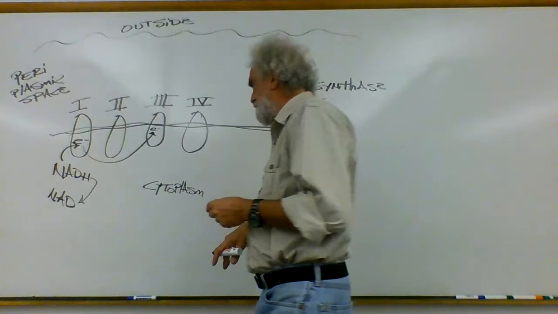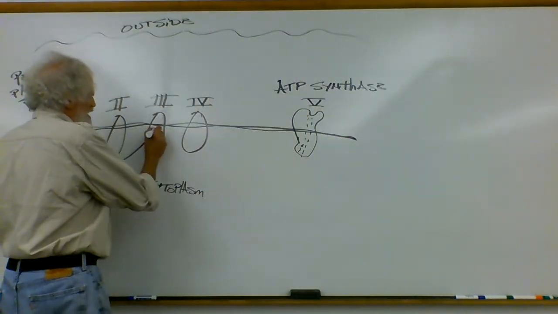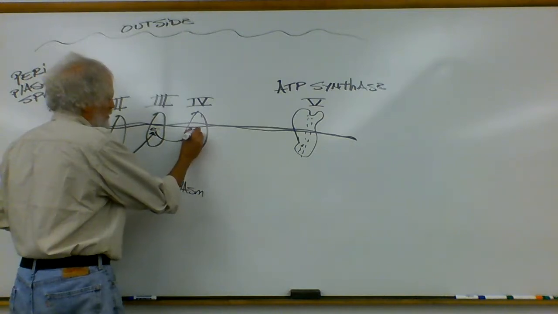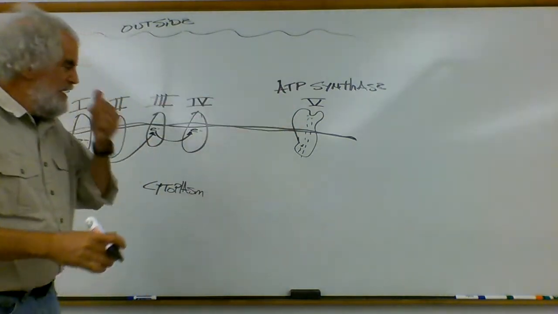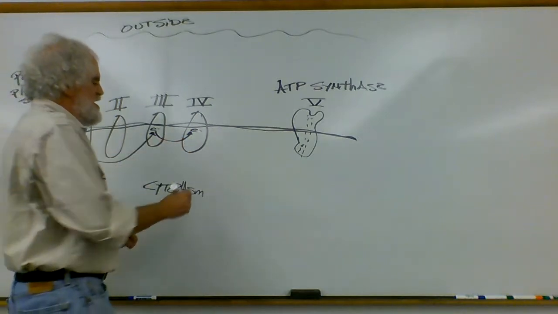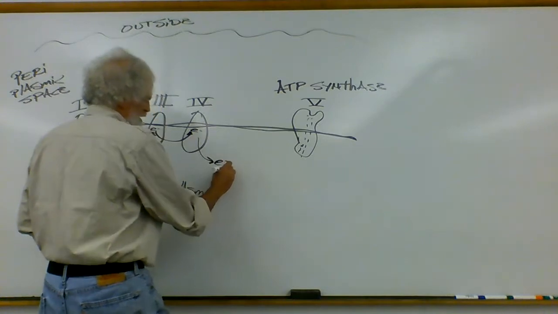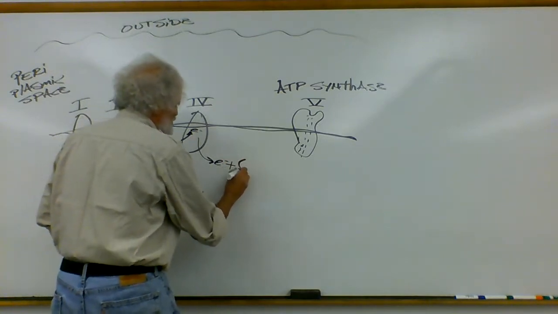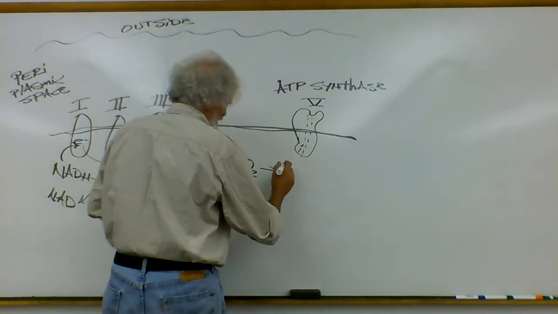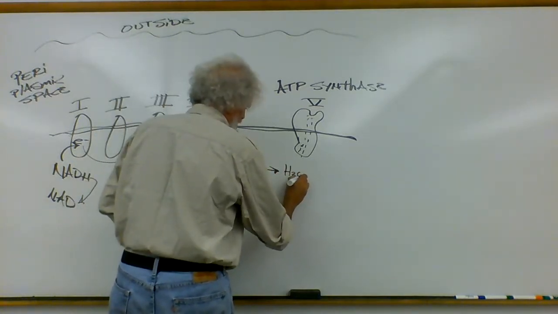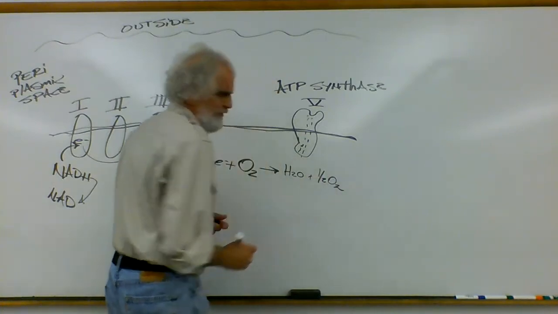All right, so the electron goes to complex 3. The electron then goes to complex 4. It's passed on like a hot potato. And then complex 4 is going to take the electron and dump it onto O2 to generate, just as we mentioned before, a molecule of water and the oxygen radical.